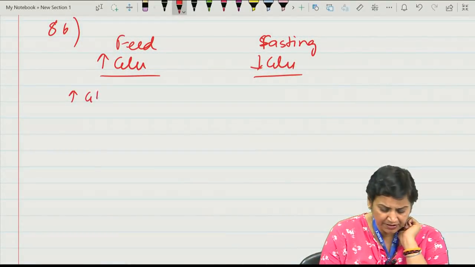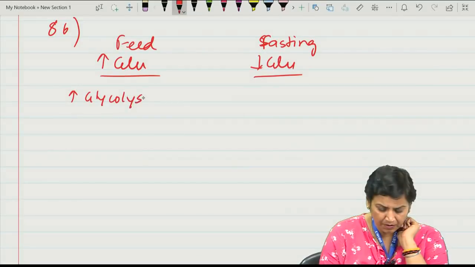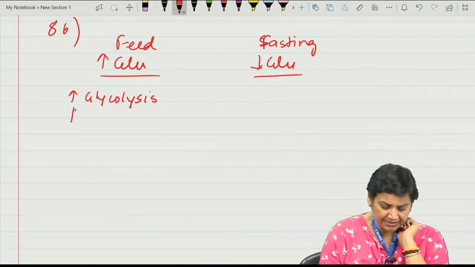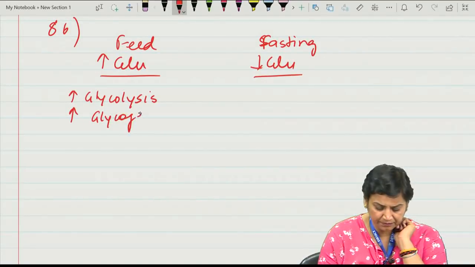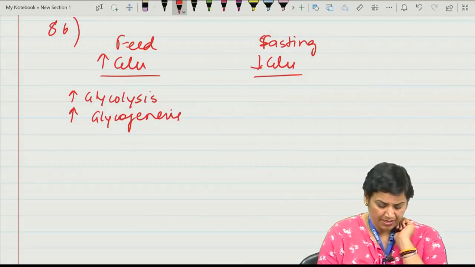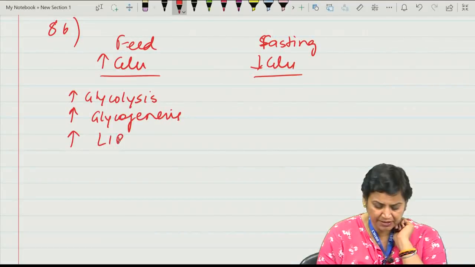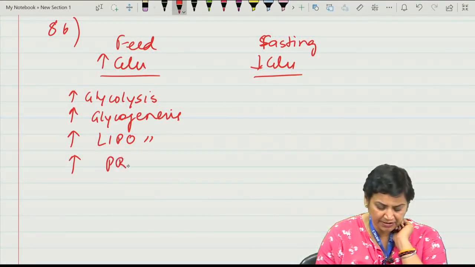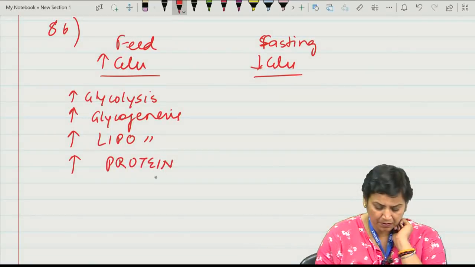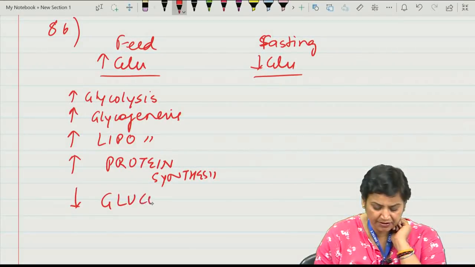Increase in glycolysis, increase in glycogenesis, increase in lipogenesis, increase in protein synthesis, but decrease in gluconeogenesis.